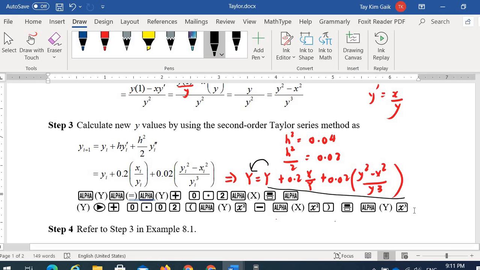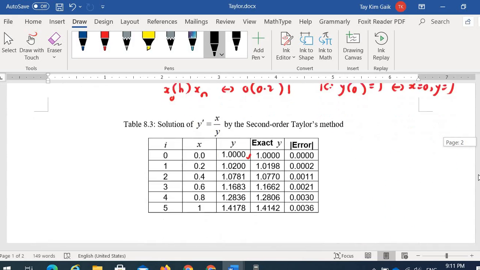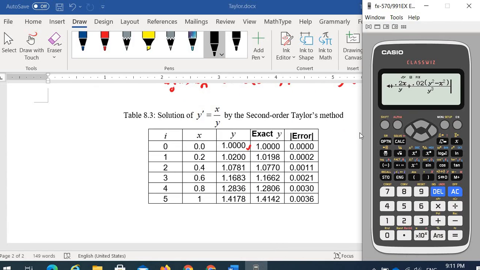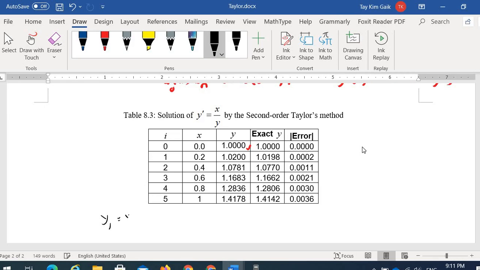Okay, now we move to the table to double check what we obtained. After you input the formula, calculate. They're asking the value of y. To obtain y1, y1 depends on y0 plus 0.2 x0 divided by y0, plus 0.02 times y0 squared minus x0 squared divided by y0 cubed.